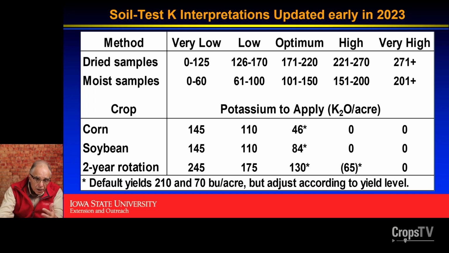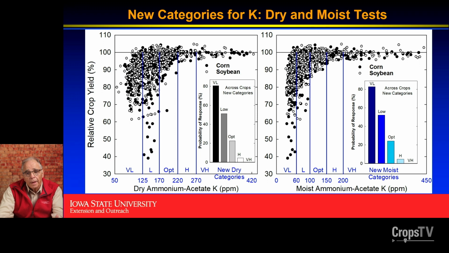And then here we have the fertilization rates that were increased a bit, and we also increased the default yield levels. Here we have the two tests. On the left, we have the dry ammonium acetate, which is about the same as the Mehlich 3, and on the right graph, we have the moist or slurry, which again is about the same as the ammonium acetate or Mehlich 3.